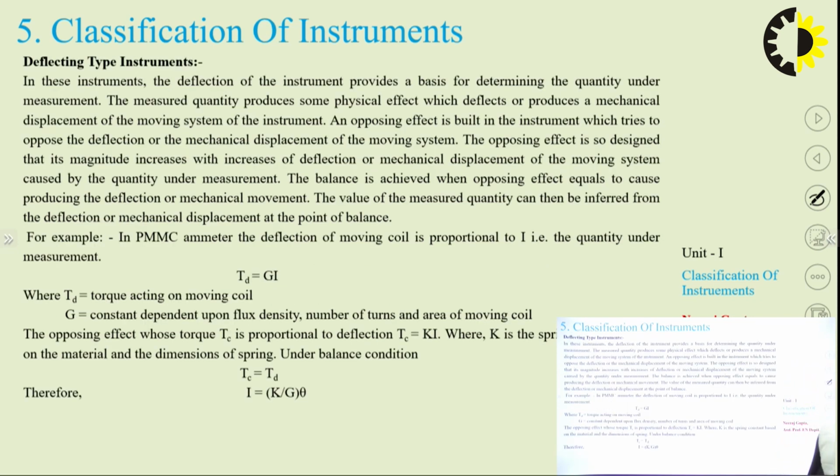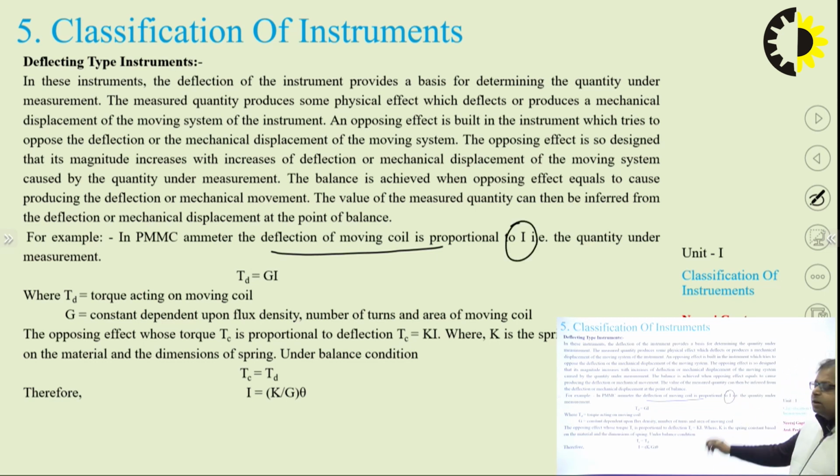Then there are deflecting type instruments, another classification of these instruments. In these, the deflection of the instrument basically provides the basis for determining the quantity being measured. For example, take a PMMC meter, where PMMC stands for permanent magnet moving coil. The deflection of the moving coil is proportional to the current being measured.